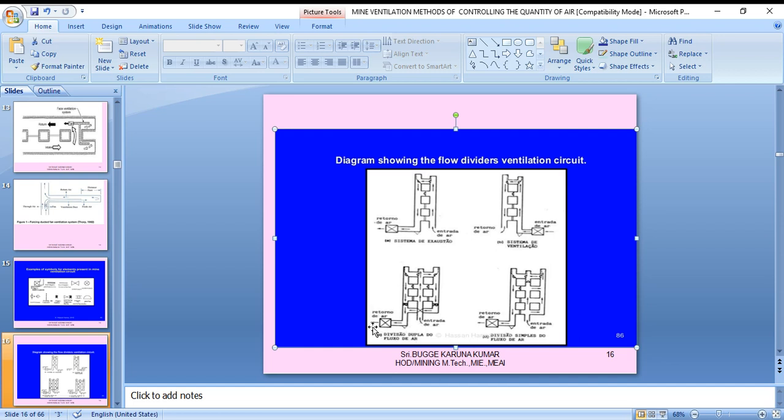Another model is also there. This is some complex return airway. The exhausting system, this one exhausted. The fresh air is entered. The regulator is there. Air ventilated and returned to this side. Similarly, this one. So you can observe the various models of the distribution of air in all the panel systems.